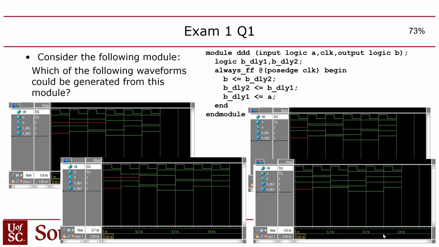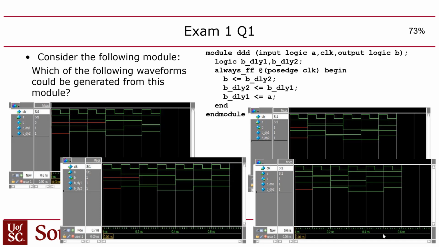And then likewise, B delay 2 is the shifted version of B delay 1. You see that? So B delay 2 is the same as this one, but shifted 1 cycle to the right. And then finally, B should be just one additional cycle of delay relative to B delay 2, right? Does that make sense?